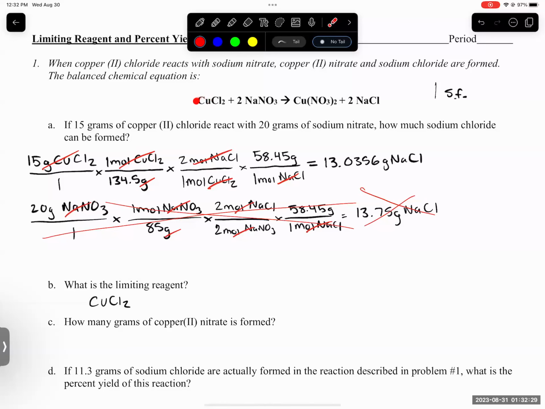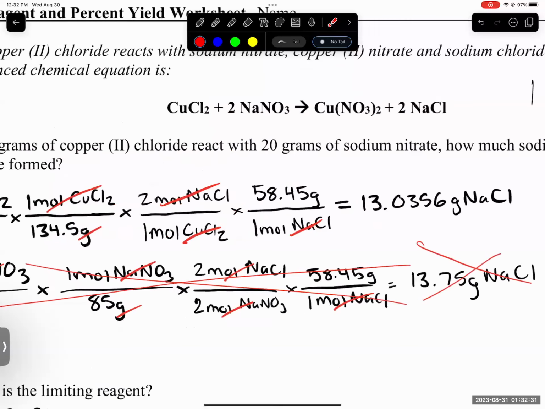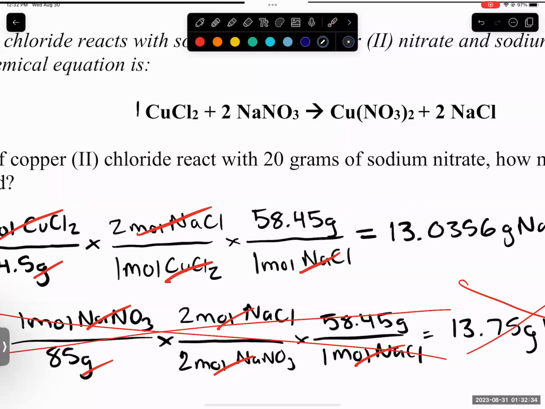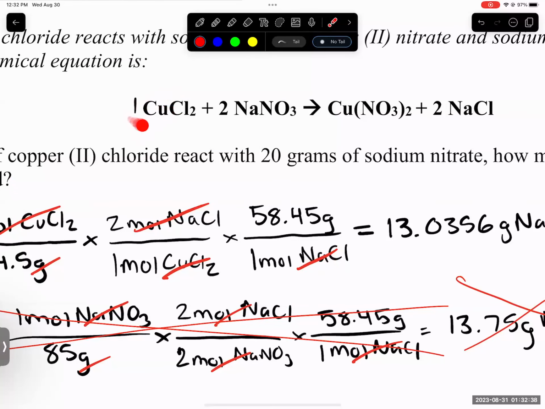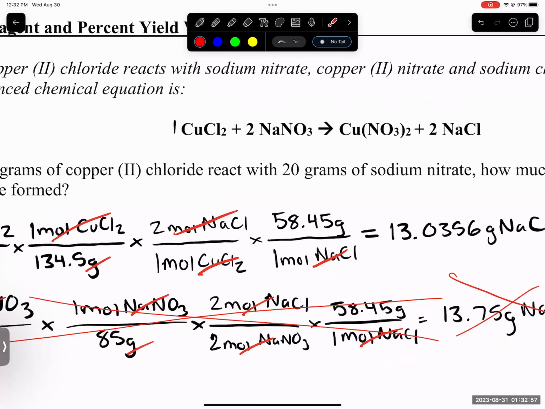And from the balanced chemical equation, there's not a 1 here, but it's implied that for every 1 mole of copper 2 chloride, it produces 2 moles of sodium chloride. So it's a ratio of 1 to 2, and that's what we wrote here. For every 1 mole of copper 2 chloride that is reacted, it produces 2 moles of sodium chloride. Does that make sense? Got it. Good question.